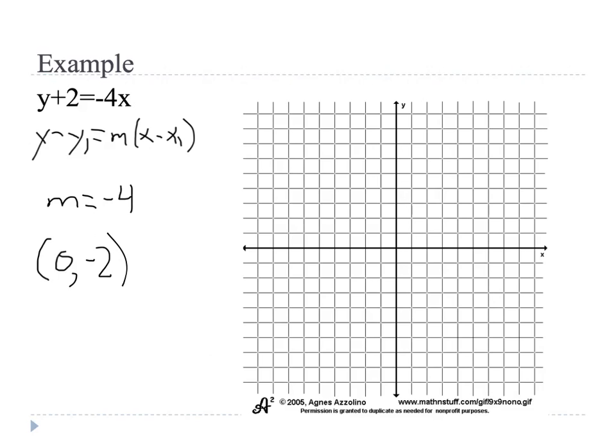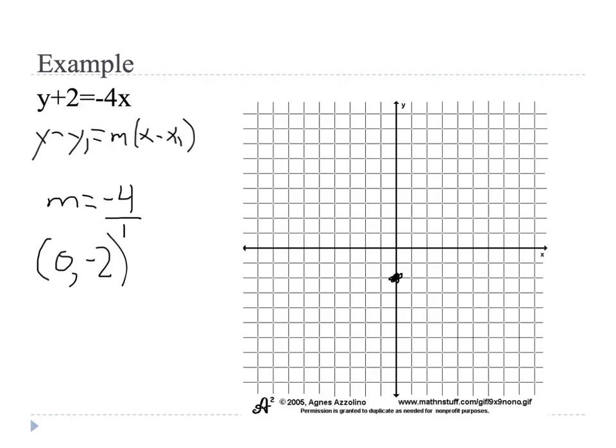So we have a point and a slope. Once we have that, we can graph our line. We go to 0 on our x, which is right at the origin, and then we go down 2 on our y to negative 2 and plot that point. From there, we use our slope, which is negative 4, or negative 4 over 1, to find our second point.